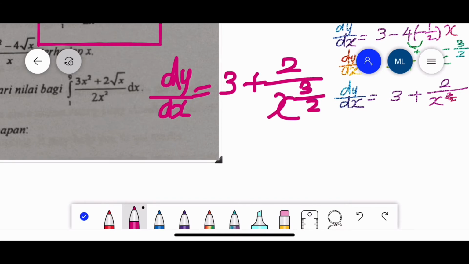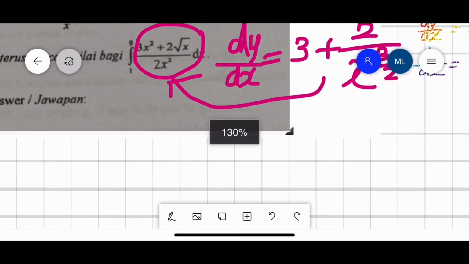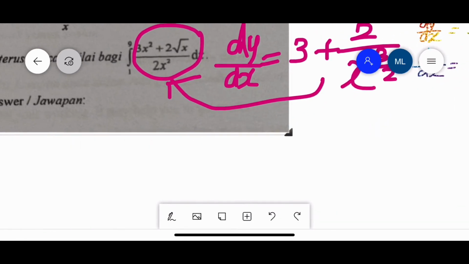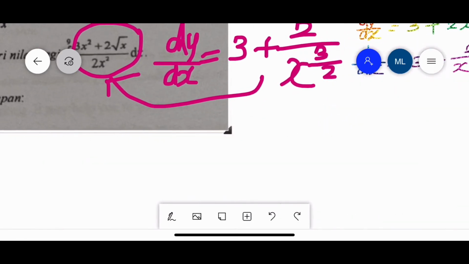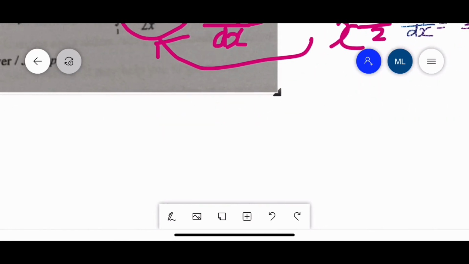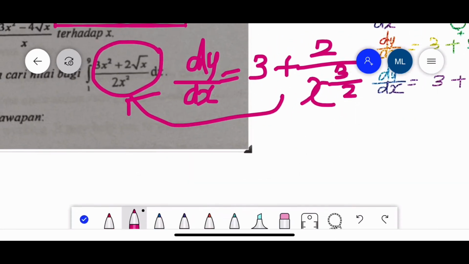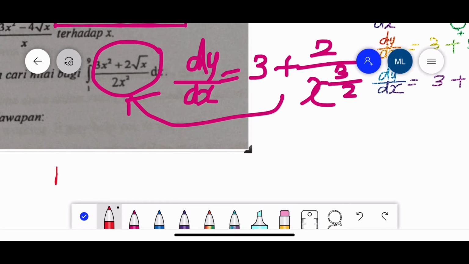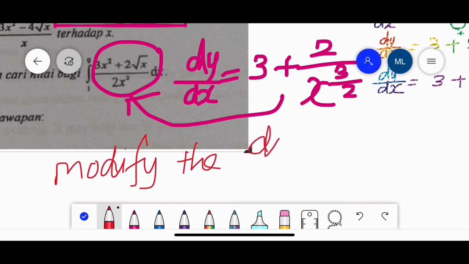I'm having denominator x power 3 over 2, but the question is having the denominator 2x squared. So I don't bother about 2, I'm just concerned about x squared. So I'm thinking how to convert my x power 3 over 2 into x squared, so that I can do the connection between the dy/dx and the y.